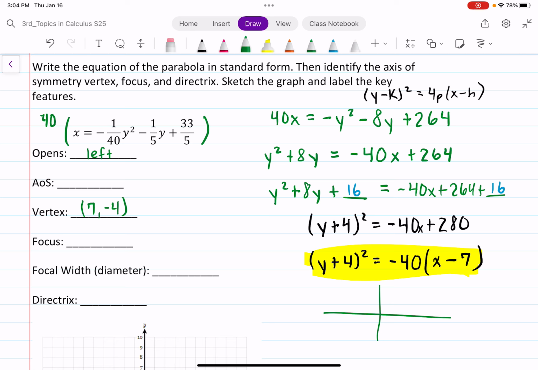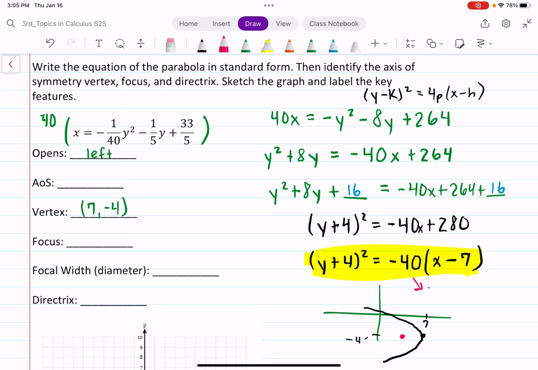So if I did a little sketch, we know it goes 7 down to negative 4. Is your vertex, and then I know it opens up to the left, which means my focus is to the left of the vertex, which means whatever my p-value is, I want to subtract it in the left direction.